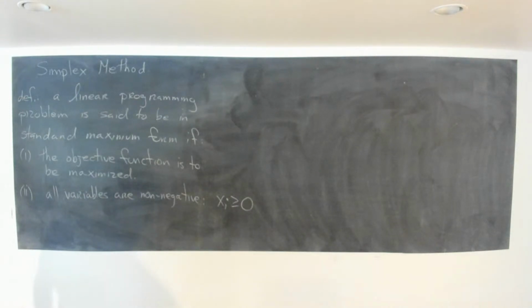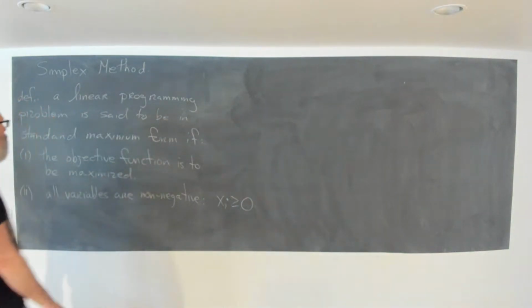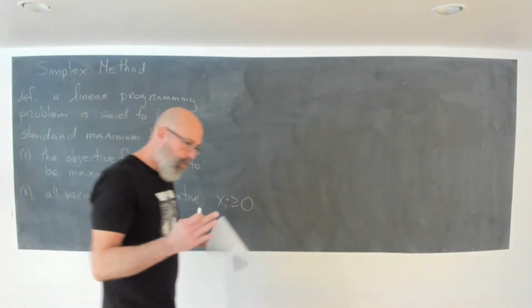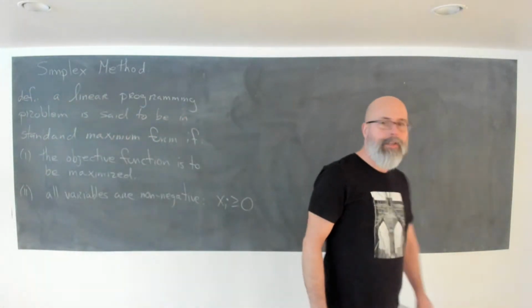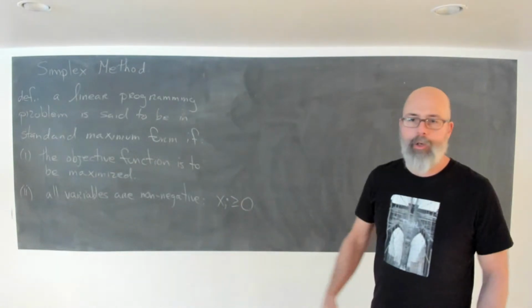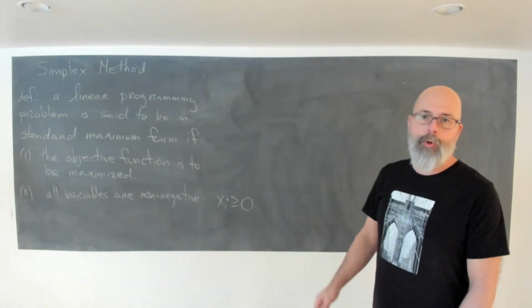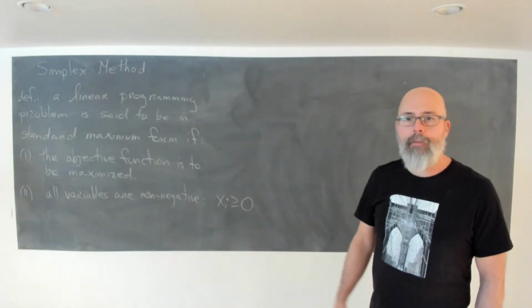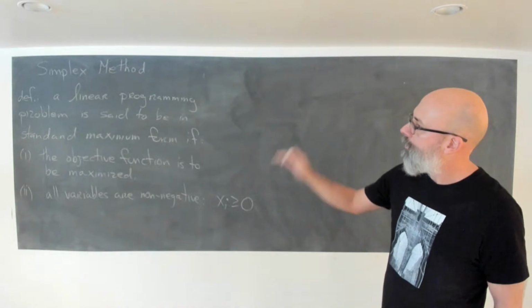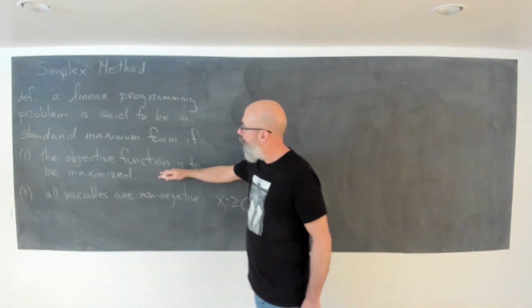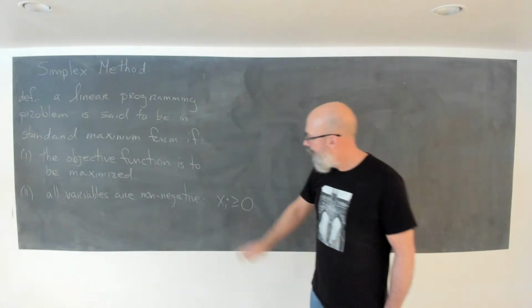What is written after maximum? Form, standard maximum form. It's a special case of linear programming problems, right? Because we've seen these linear programming problems. Sometimes you want to maximize, other times you want to minimize. Here, I'm defining the standard maximum form, where the objective function is to be maximized.